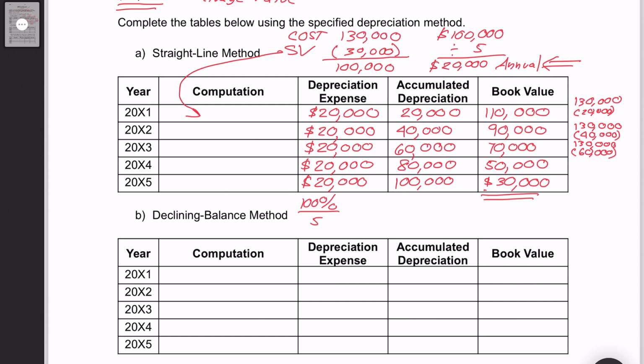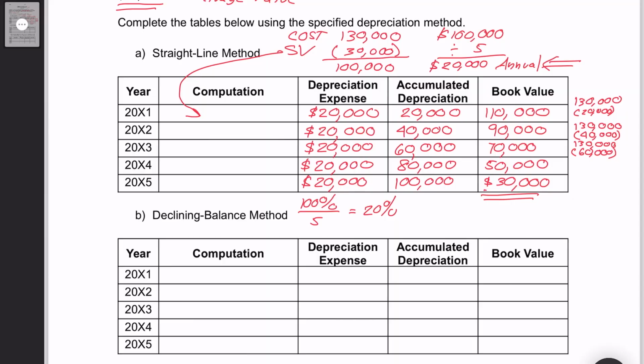In this case, it is 5 years. That's going to give us a rate of 20%. Now in the declining balance method, we have to double what the straight line was. So we're going to take that 20% and multiply it by 2. We're going to end up with 40% as our declining rate.